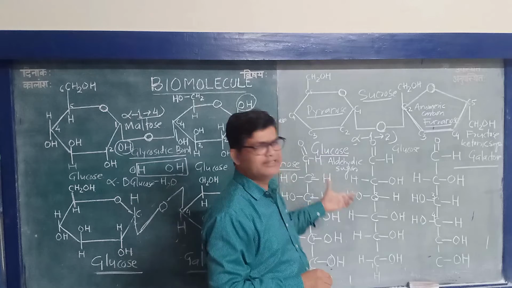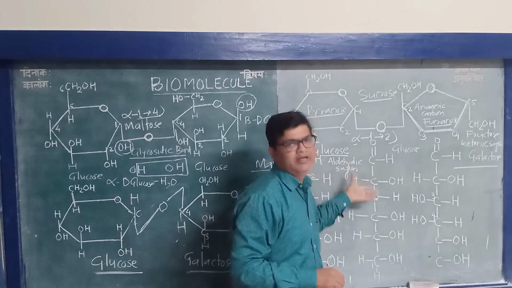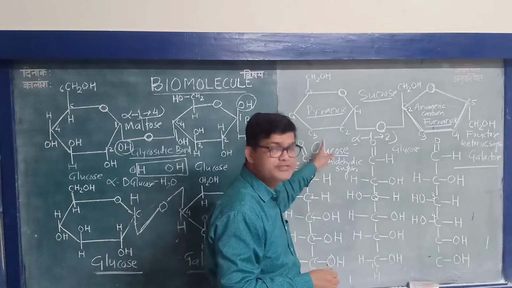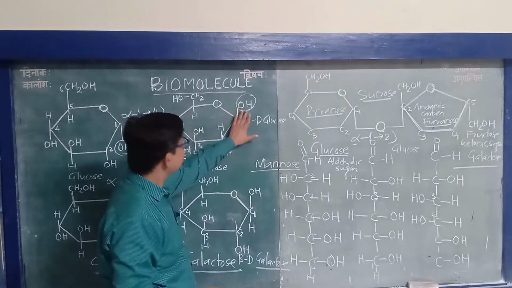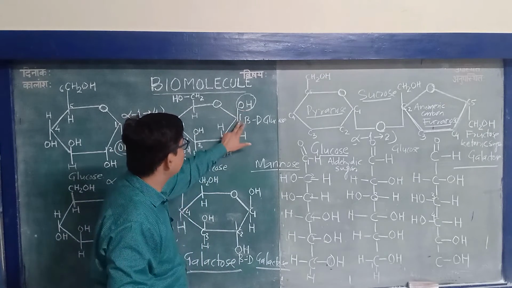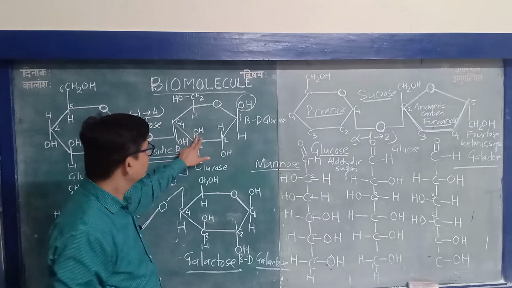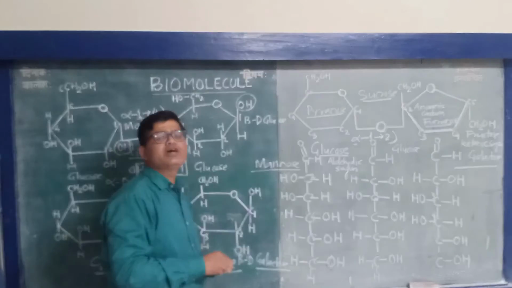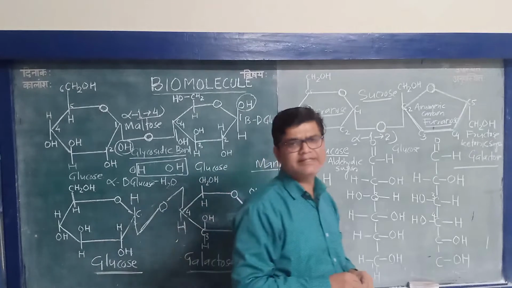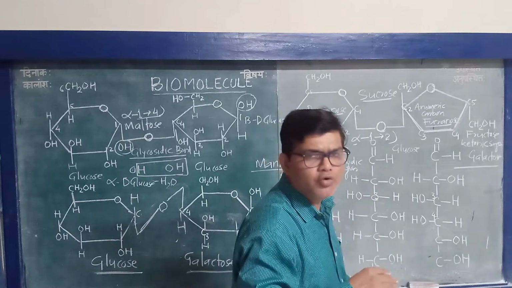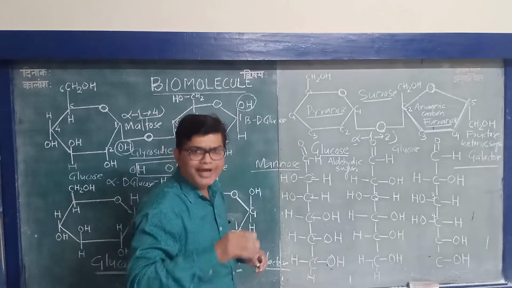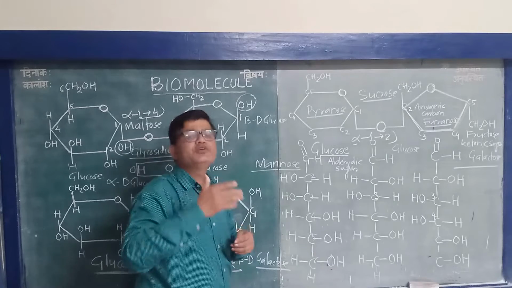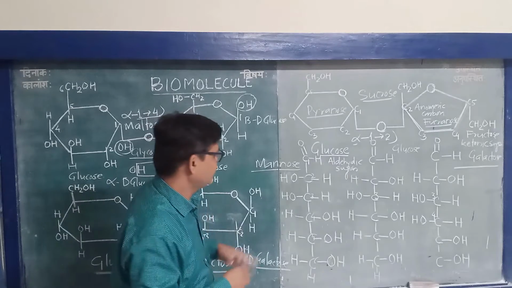If it gives red color, then we can say it is a reducing sugar. If it does not give red color, then we can say it is a non-reducing sugar. It means if there is a free hydroxy at carbon number 1 of any of the two units, then we can say it is a reducing sugar, because this reducing sugar reacts with Fehling's reagent or Benedict's solution to give a yellow and further red precipitate, used for estimation of sugar in your blood or at any chemical level.